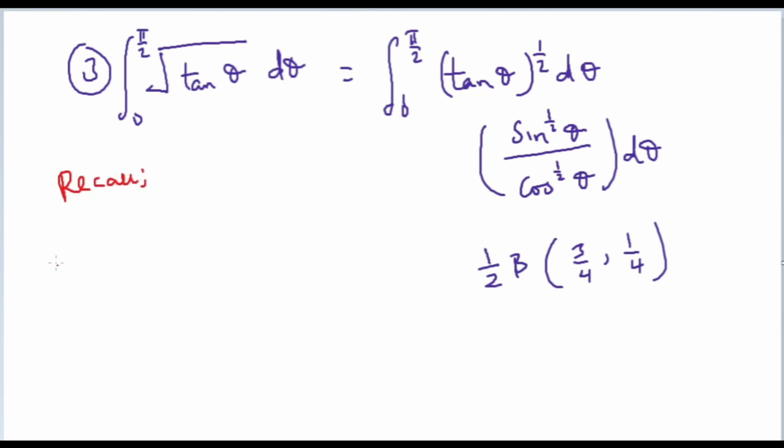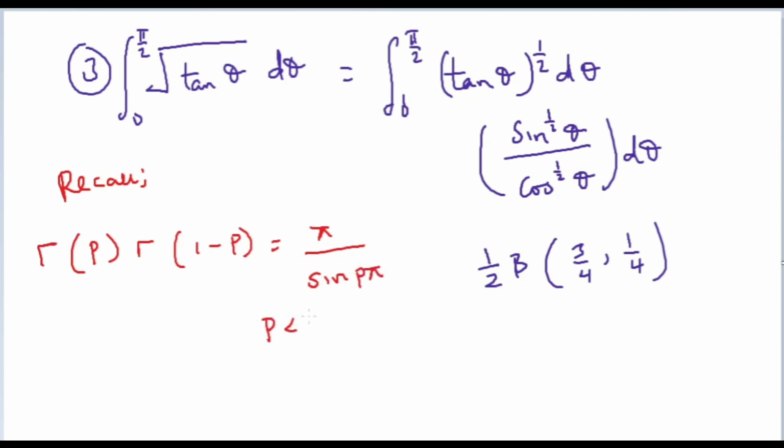Recall that the gamma of p, let's say a number, times the gamma of 1 minus p is equal to pi over sine p pi, where p is less than 1. Do you get it now?